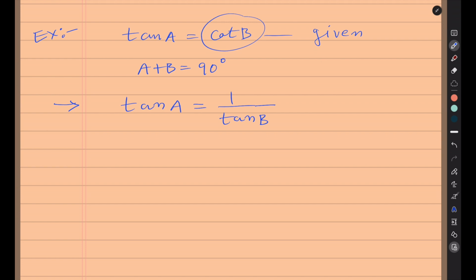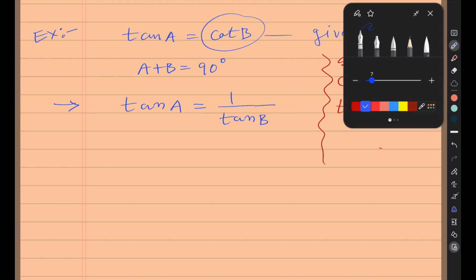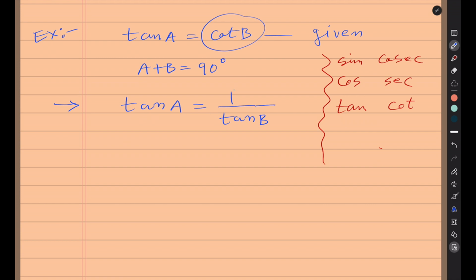Just to give you a little bit of overlook, sine and cosec are inverse, or a kind of inverse ratio. Cos and sec are inverse of each other, and tan and cot are inverse of each other. So in that way we can write that tan A is equal to 1 divided by tan B, or we can also write tan A multiplied by tan B is equal to 1.